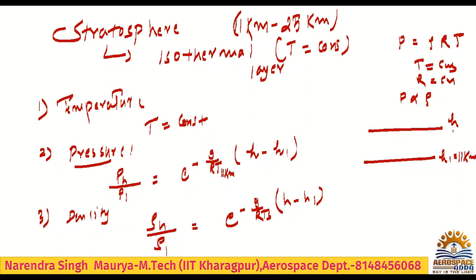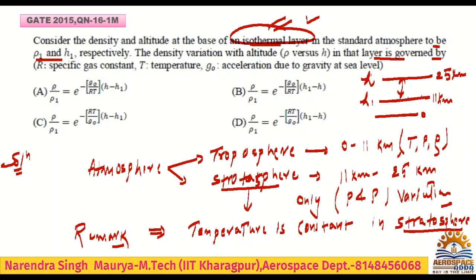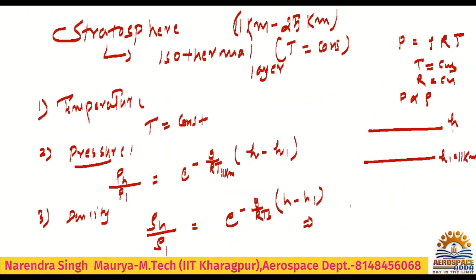So it is rho h by rho 1. In our numerical they have not mentioned h, so rho is the density at any altitude, and rho 1 is the density at 11 kilometer. So our formula is rho by rho 1 equals e to power minus g by RTs, or 11 kilometer, where s is the stratosphere.